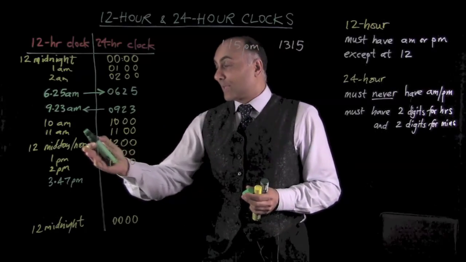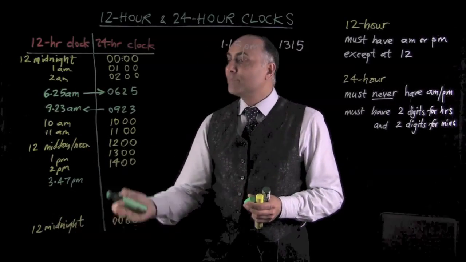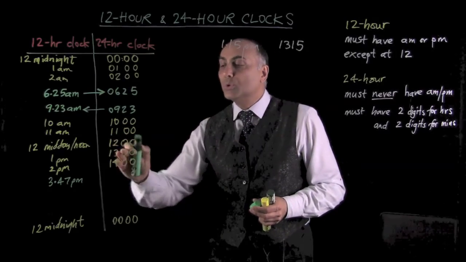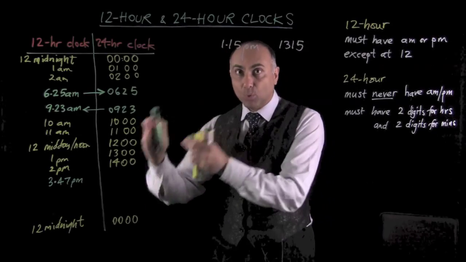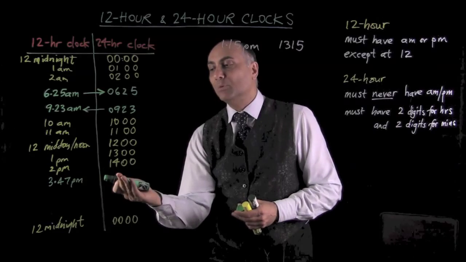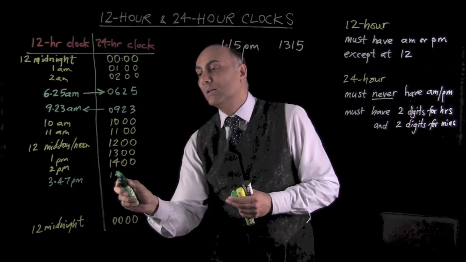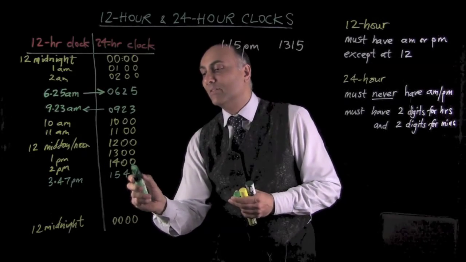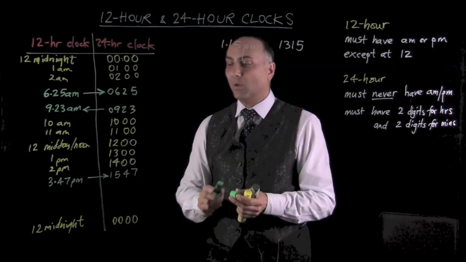Well, because the 12-hour clock goes up to 12 and then starts again, whereas the 24-hour clock just carries on, when you come to the afternoon times, the hours on the 24-hour clock would always be 12 more than the hours on the 12-hour clock. So in other words, if this is 3 hours, then this will be 15 hours. So 3 in the afternoon would be 1500. But of course the minutes don't change, it's 47, so it's 1547, and we drop the PM because we never have AM or PM in the 24-hour clock.